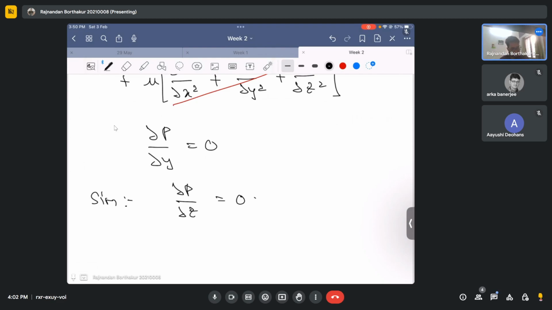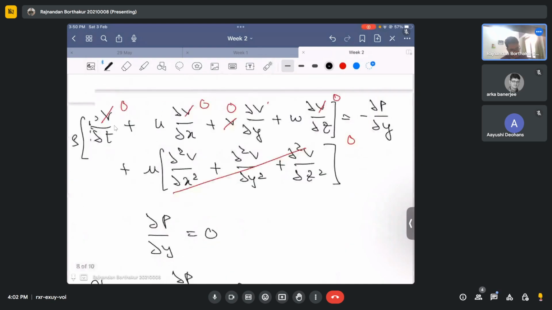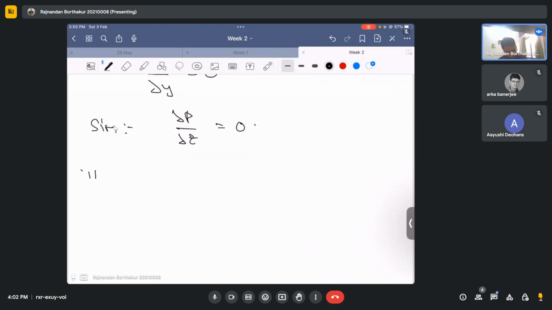If you don't have any doubt, let us now integrate equation 1. Equation 1, as we got, I'll write down again for your convenience. It was d square u by dy square equal to 1 by mu times dp dx.